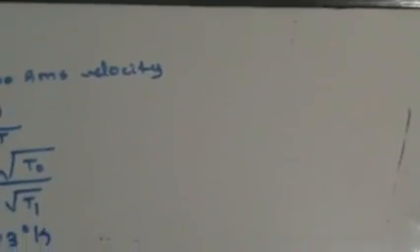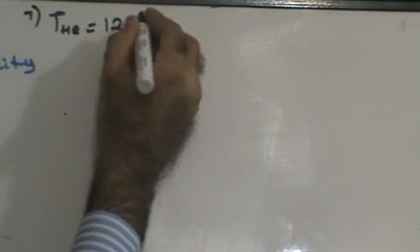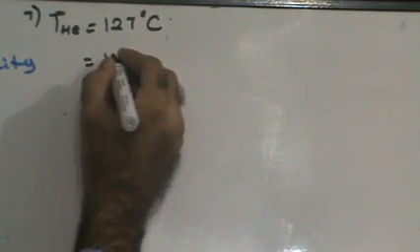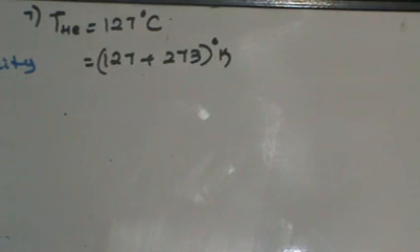At what temperature will oxygen molecules have the same RMS velocity as helium molecules at 127 degrees Celsius.